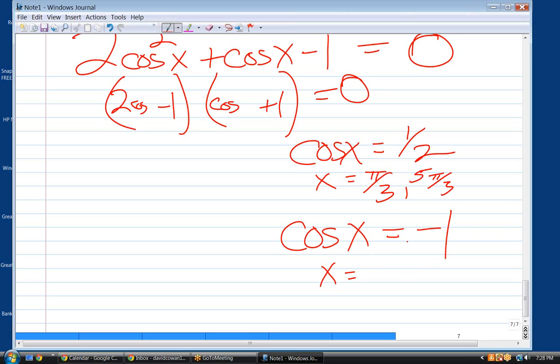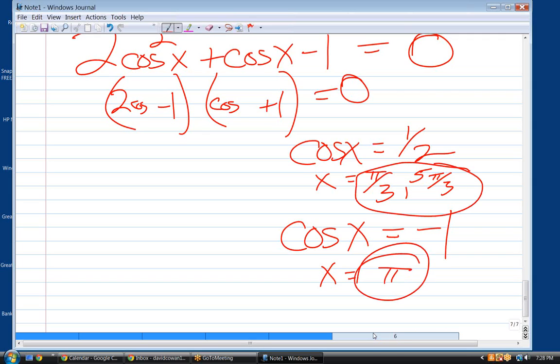And where does this one occur? Pi. So there's your 3 answers. Normally you get 4, but whenever it's 1 or minus 1, there's only one answer on the unit circle.